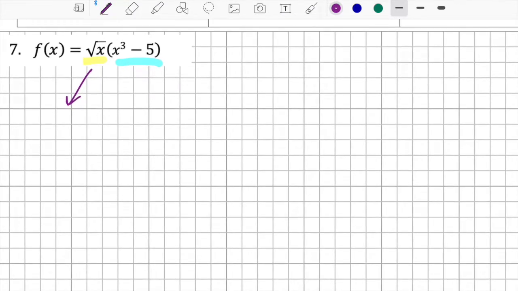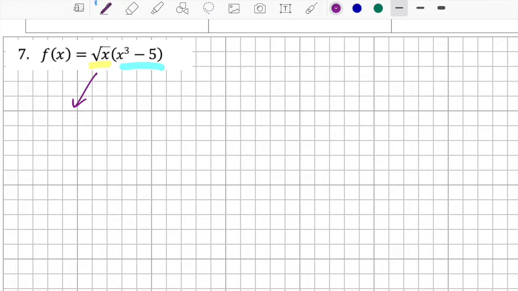So if I look at square root of x, since it is a radical, we know that whatever is inside the radical has to be greater than or equal to 0. So whatever is inside, x in this situation, you set to greater than or equal to 0. Guess what? That is your domain. x has to be greater than or equal to 0. So we're done with that one.